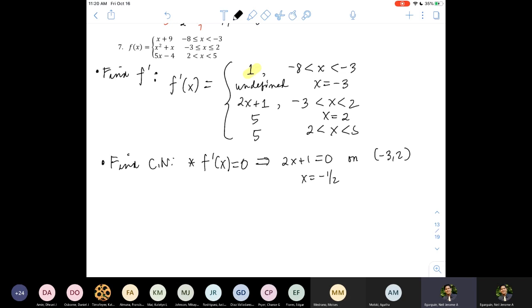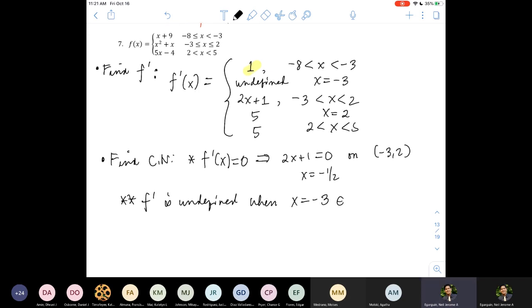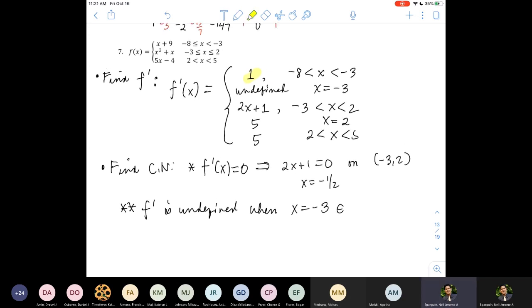All right. Remember, there's another source for critical numbers: f prime being undefined. And f prime is undefined when x is equal to -3. Is x on the domain of f? What's the domain of f? The domain of f would be from -8 inclusive until 5 exclusive.